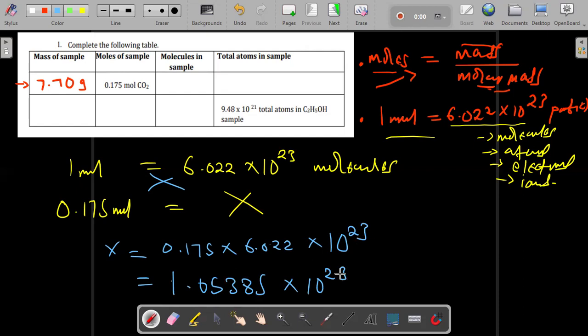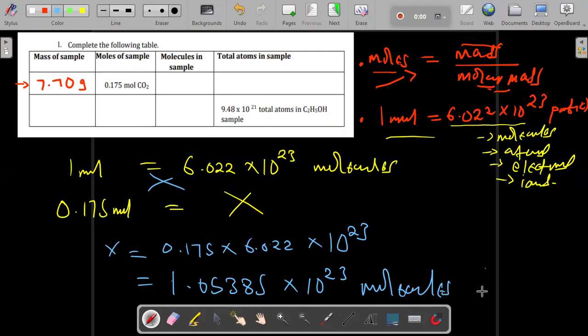So make sure you counter check with your own calculators as well, so you confirm if I'm finding the correct answers there. All right, so that will be 1.05385 times 10 to the power 23 molecules.